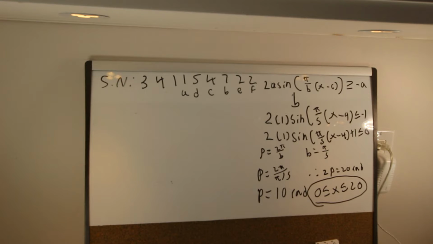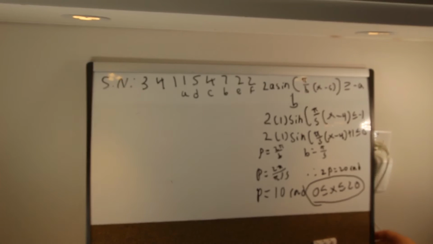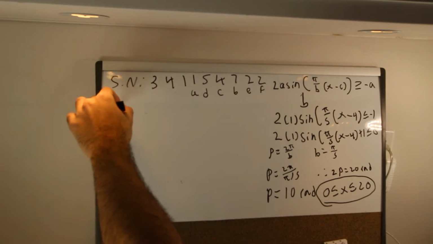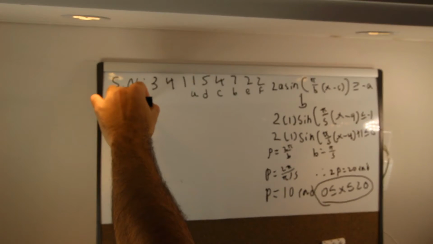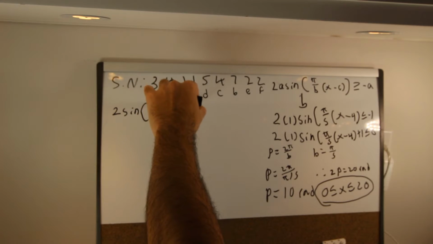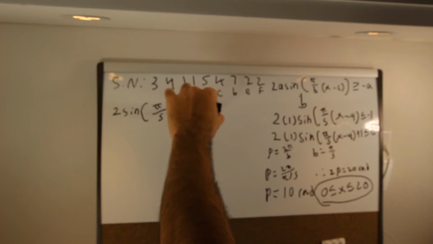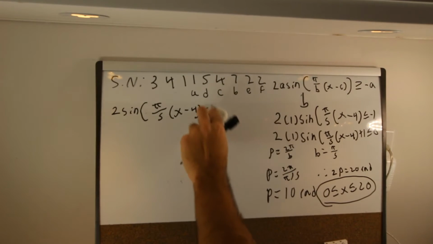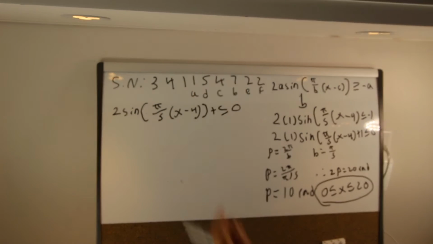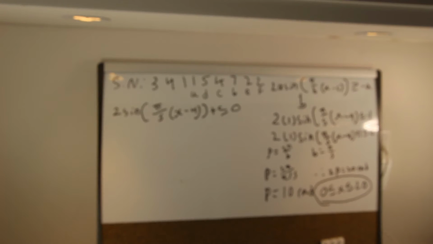Now, what we have to do is try to find the x-intercepts. So, first of all, we have to figure out if sine is positive or negative. So again, write this entire thing out: 2 sine of pi over 5 times (x minus 4), plus 1 greater than or equal to 0. What we first have to do is bring the 2 over and the sign.